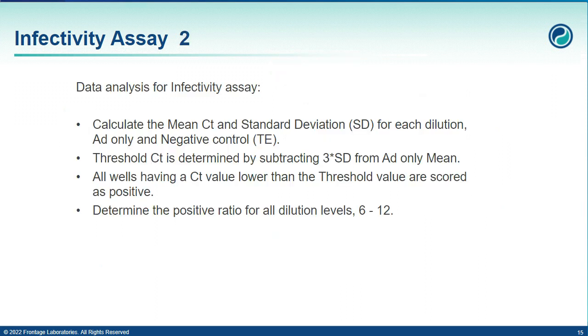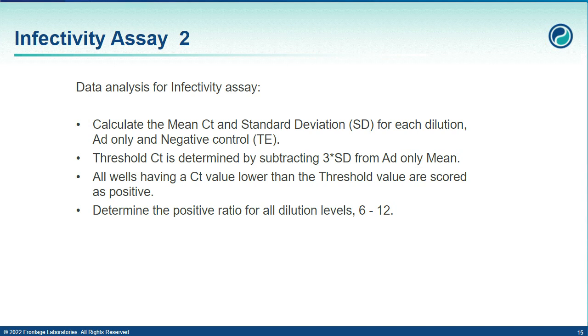After the amplification, the data analysis can be done for the infectivity assay. Calculate the mean CT first, and then the standard deviation for each dilution, adenovirus only, and the negative control, which we usually use TE buffer for.